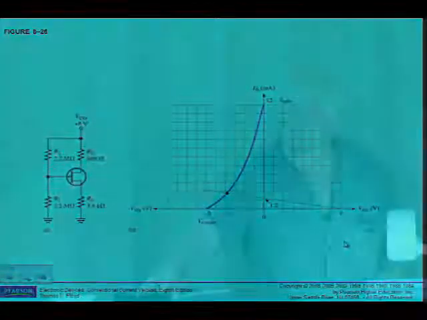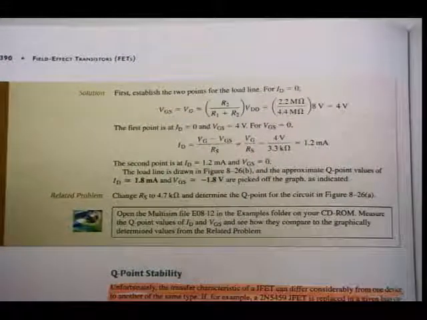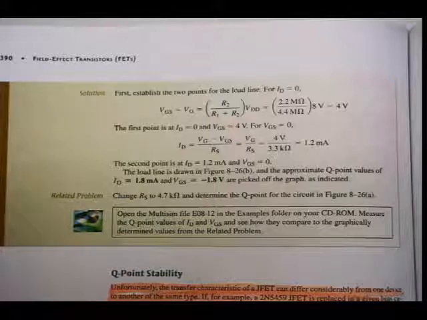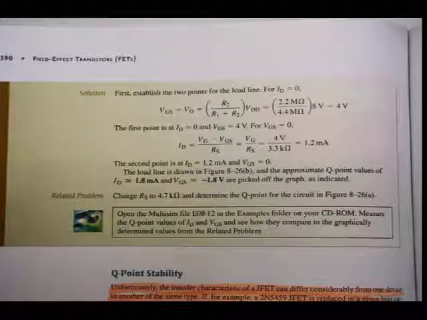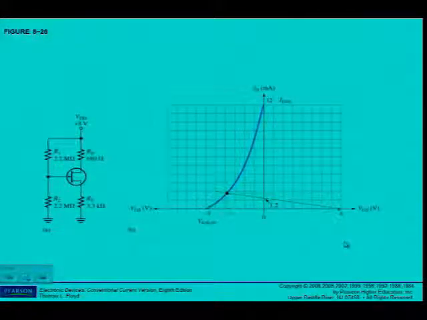Alright, so once I've got that, then I must do my calculations. If you look at the example, page 390, we've seen what we've discussed. First, establish the 2 points. Firstly, it was when ID is equal to 0, then VGS is not equal to 0, in this case 4 volts. So there's my first point, 4 volts calculated where ID is equal to 0.